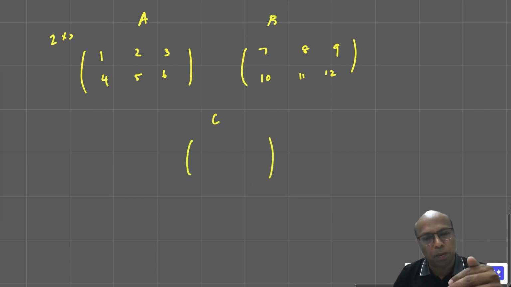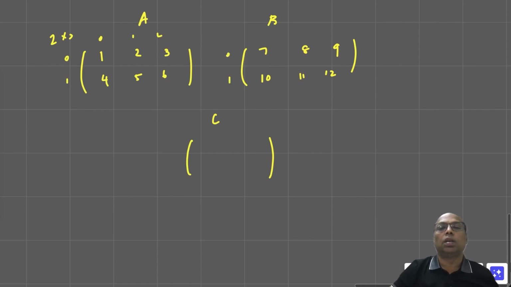So whenever you get a problem, just write like this in a notebook and analyze it and write a code. So this is 0, 1, 0, 1, 2, 0, 2, right?